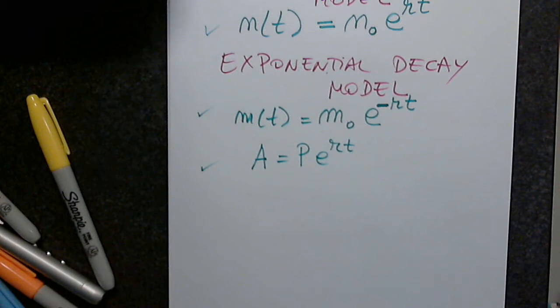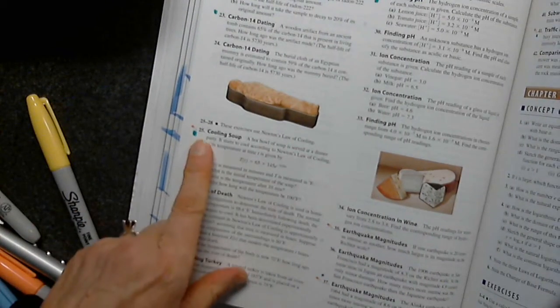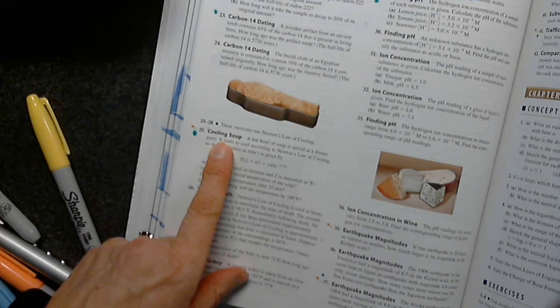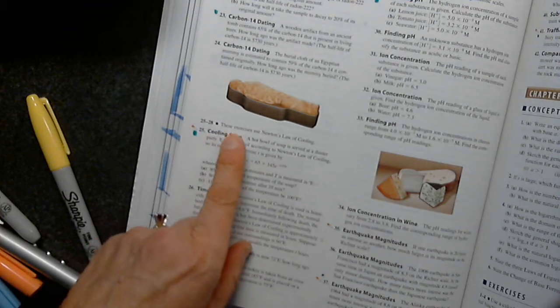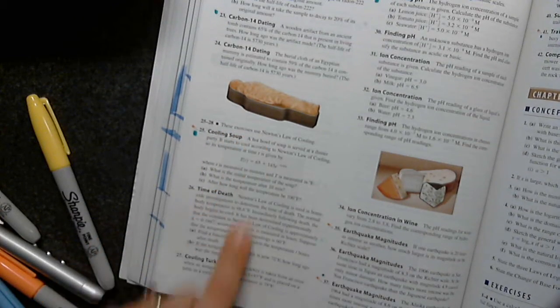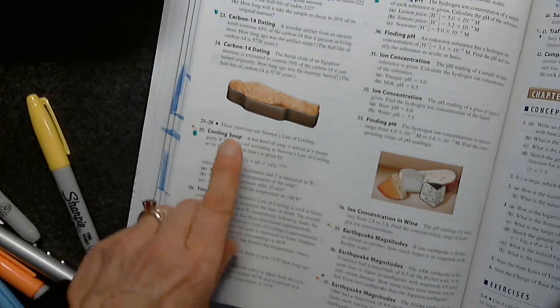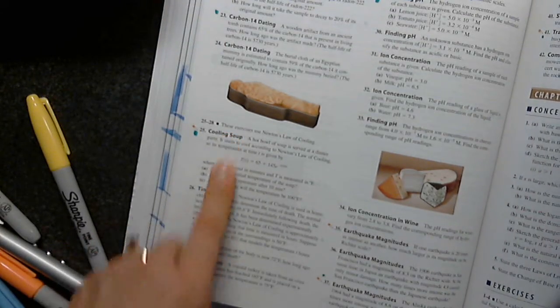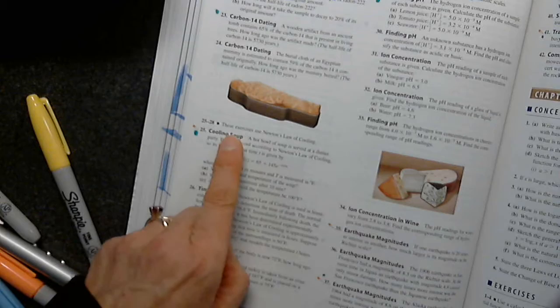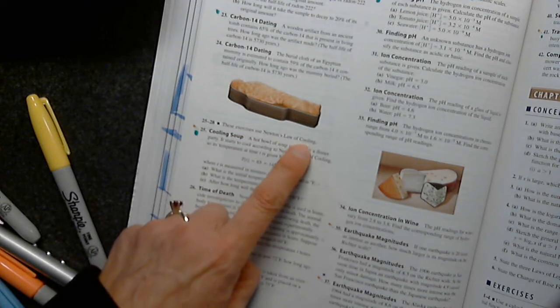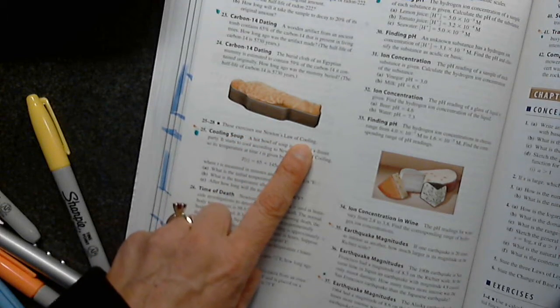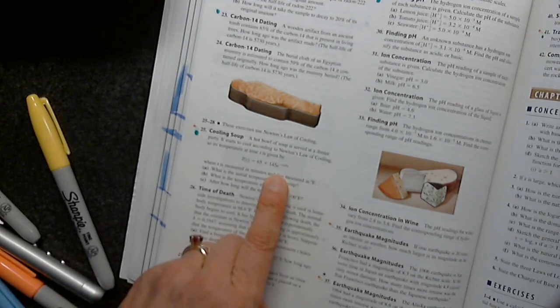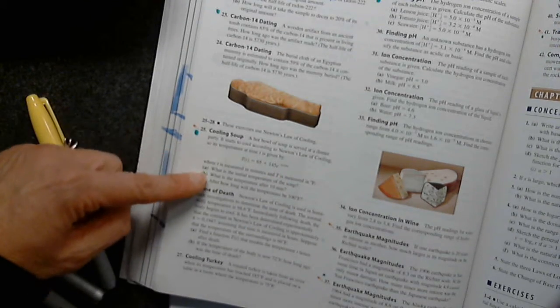Okay, on this page, I like to start with cooling a soup. No, I'm not hungry. But cooling a soup, number 25, and this is page 352. And all these exercises here use Newton's law of cooling. You don't have to memorize any of that. The formula will be given to us. We just have to answer a couple of questions.